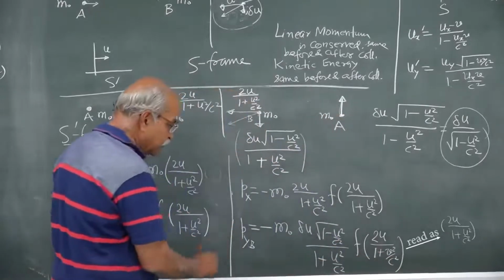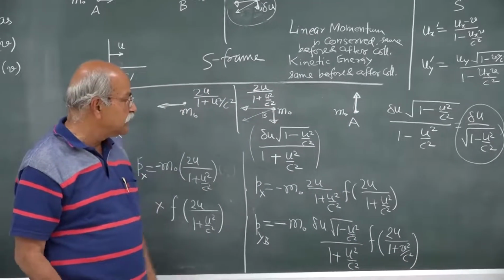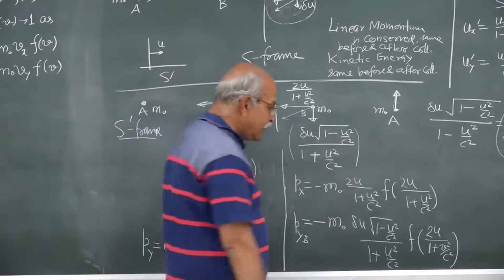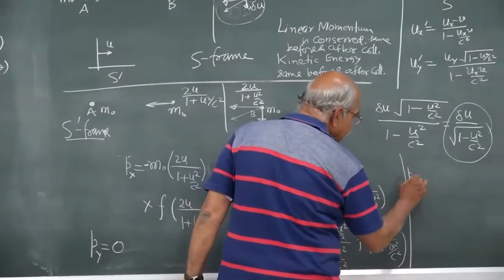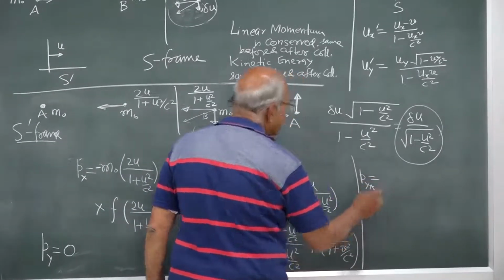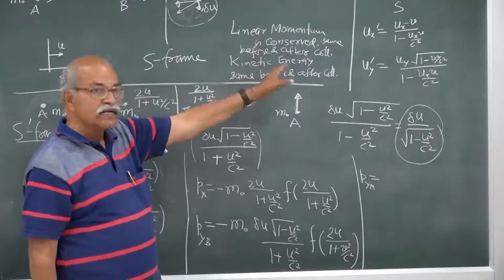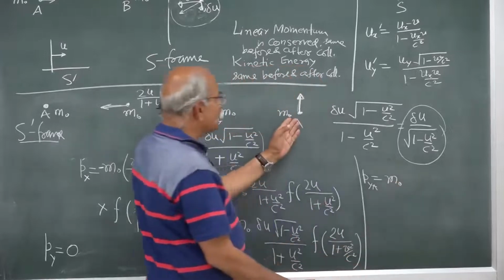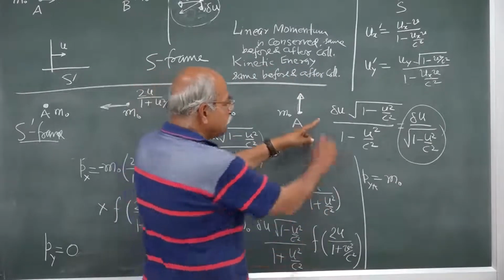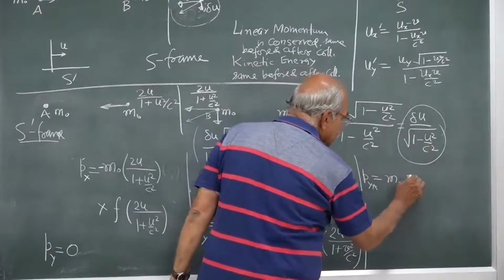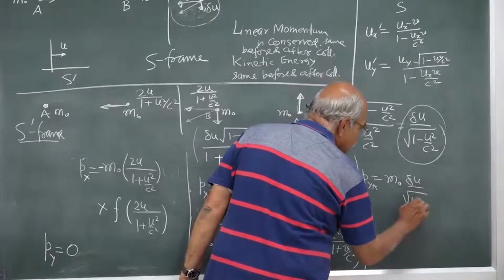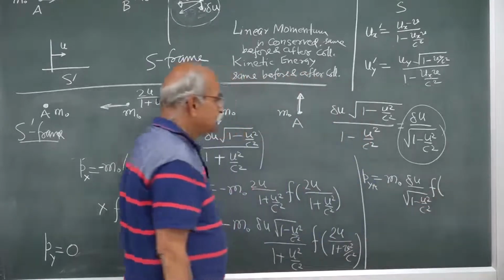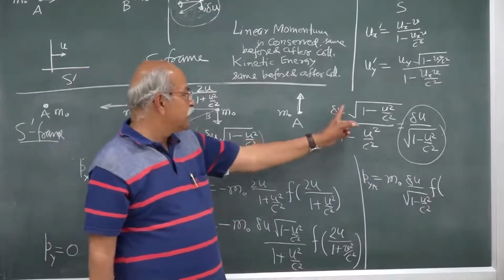So this is the linear momentum of this particle B in the y direction, and what is the linear momentum of particle A in the y direction? That also you can write. This is in the positive y direction. So mass m naught into the y component of the velocity, which is this, delta u by square root 1 minus u square by c square, and then function of the speed. And what is the speed now?